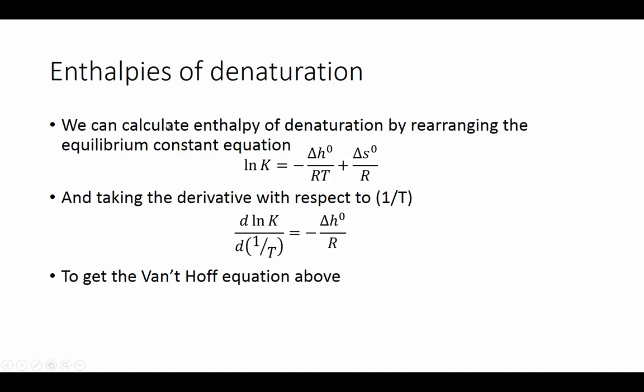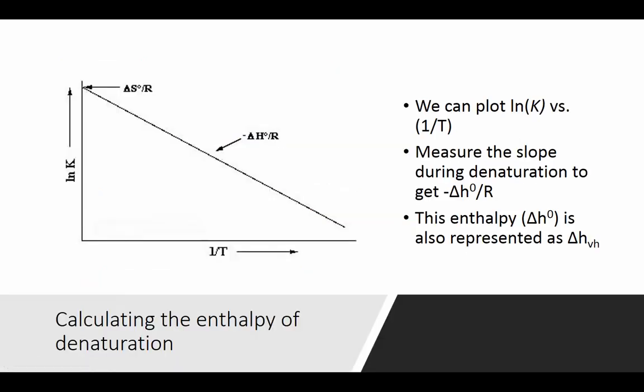We can calculate the enthalpy of denaturation by rearranging our equilibrium constant equation to look like this here. And then we can take the derivative of that equation with respect to 1 over T. And essentially what we get is the Van't Hoff equation. Now, how does the Van't Hoff equation help us?